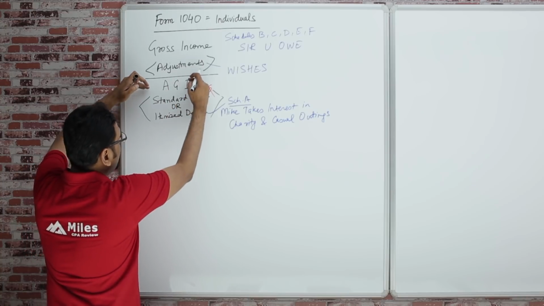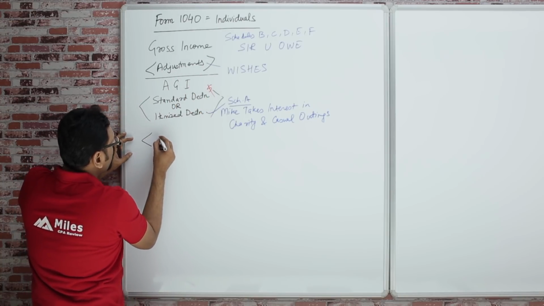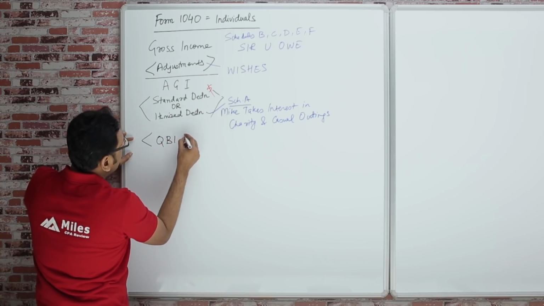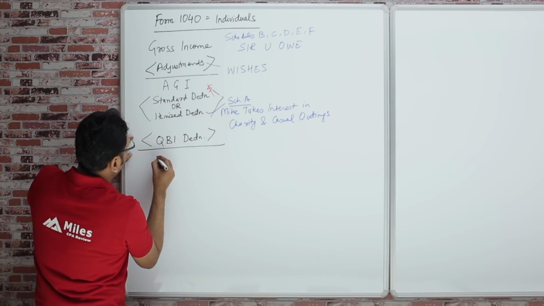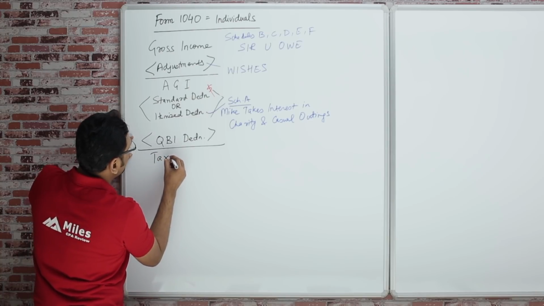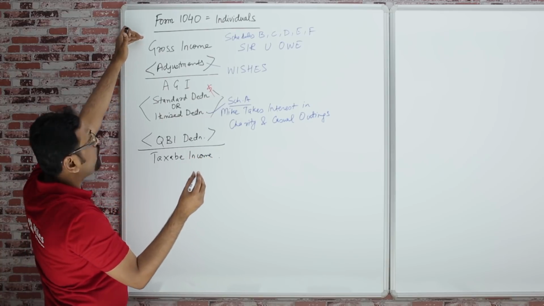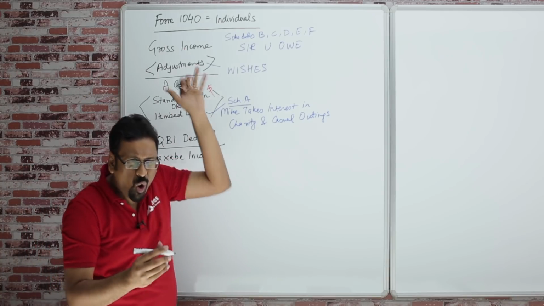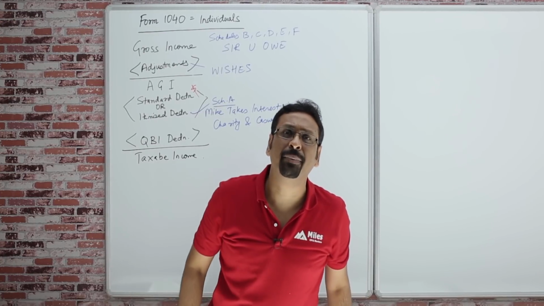So we have AGI less standard or itemized deductions less qualified business income deduction, which gets you to your taxable income. So guys, we started from gross income, and with all these deductions, we are now at taxable income.